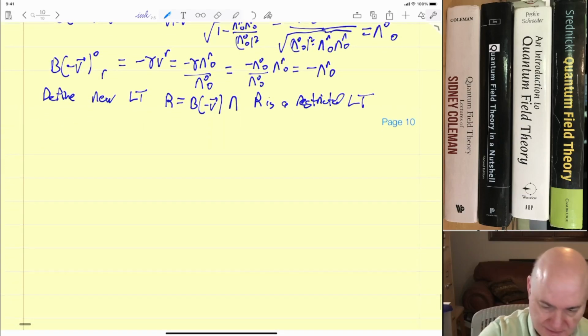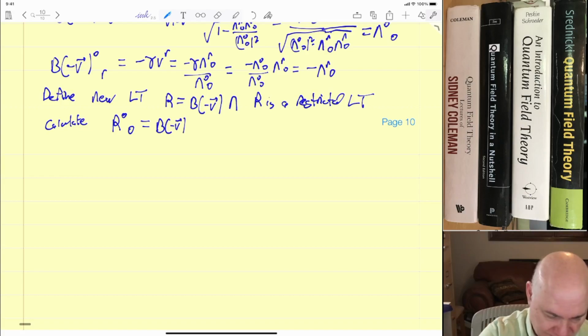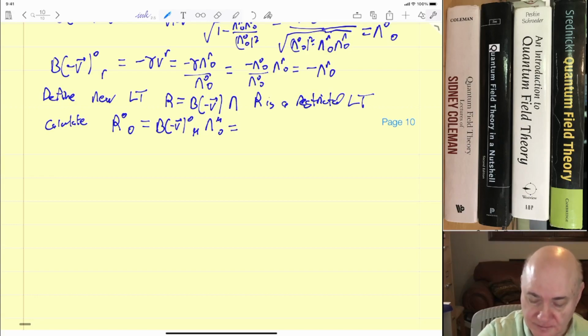Good. Now let's calculate R00. It's just matrix multiplication. So I have B of minus v, 0 mu, lambda mu 0, where mu goes from 0 to 3.